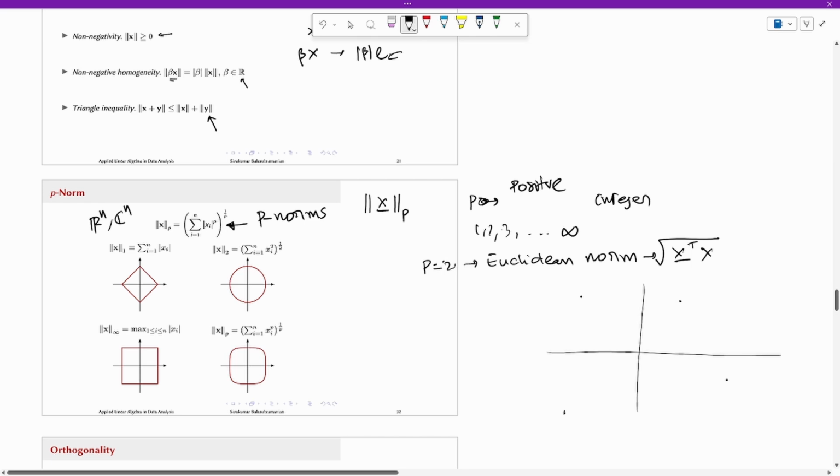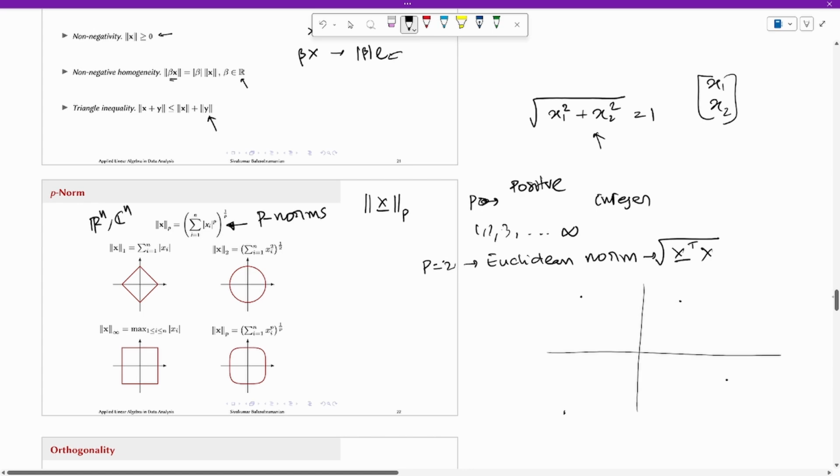That's because the Euclidean norm is simply x1 square plus x2 square equals 1. I'm asking what are all the points x1 and x2 in R2 which have Euclidean norm 1. Any vector that satisfies this equation should be a vector with Euclidean norm 1, right?